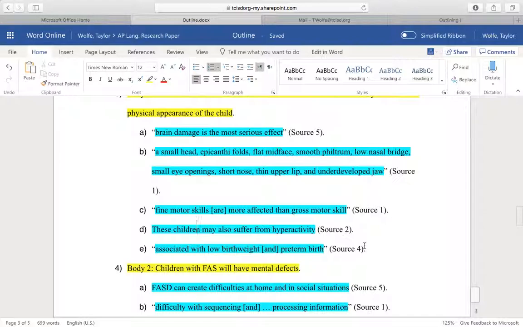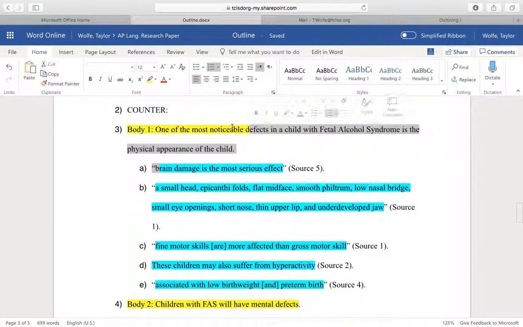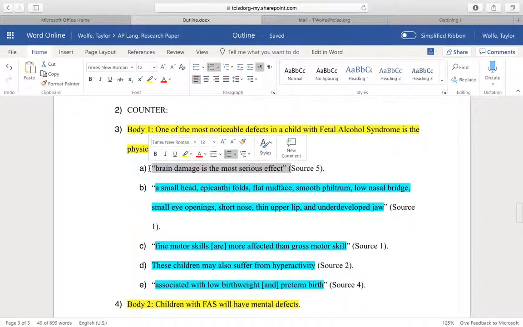Source 4. What I will say is that this particular paragraph probably should have put this right here, brain damage is the most serious effect, as the last piece of evidence. This person could have organized it in one of two ways.